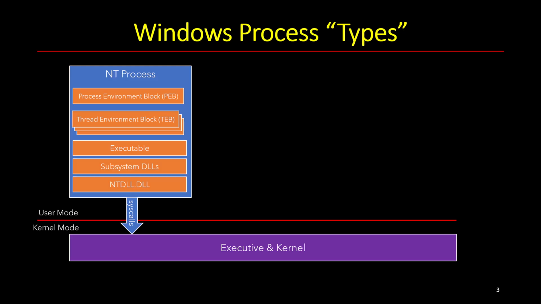We have NTDLL, which is the one that makes the actual system calls. We call APIs that are documented, they're calling NTDLL. NTDLL is going to make the system call, and the system call is made by putting a number into the EAX register, setting up appropriate parameters using registers and the stack as needed, and then issuing the syscall instruction. And here I'm just focusing on x64.